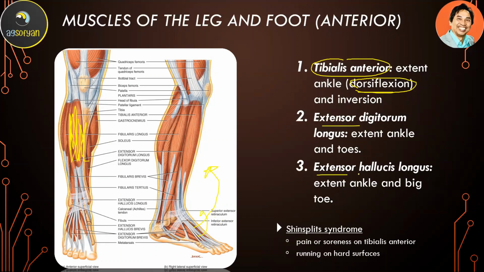Then extensor digitorum and extensor hallucis are also muscles that perform flexion or extension of the fingers or toes. Shin splint syndrome is usually soreness in the tibialis anterior muscle.